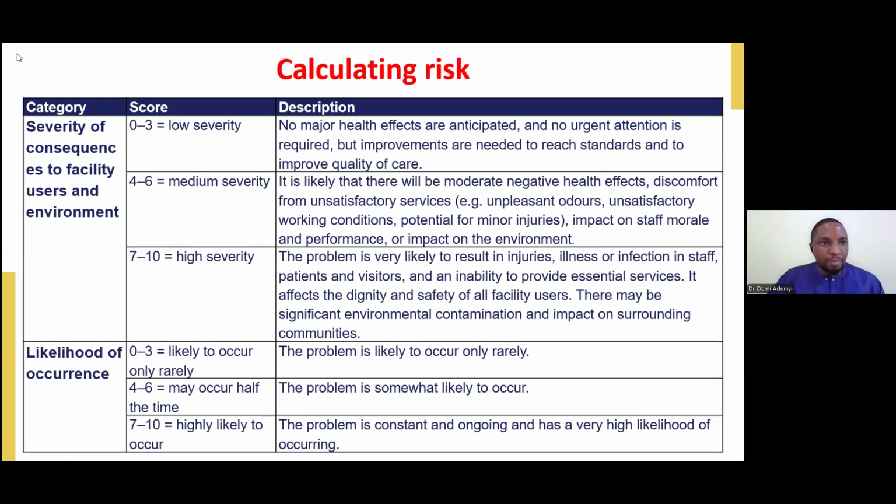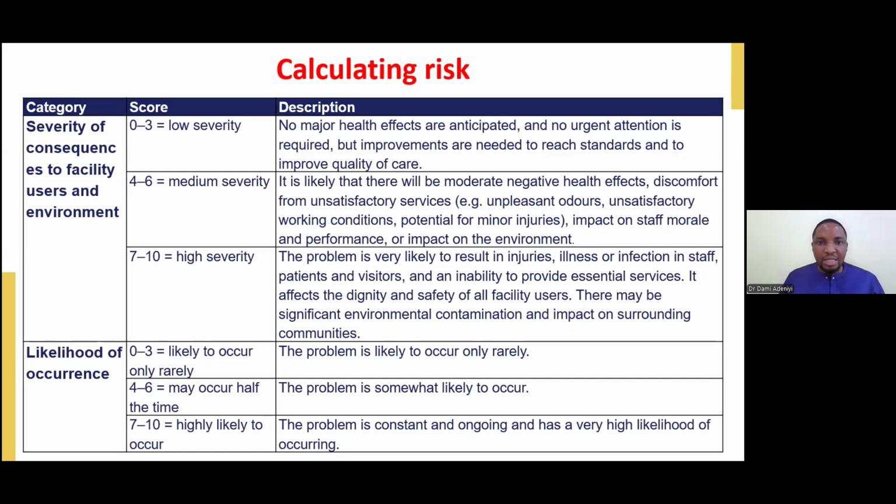So this is a table that shows how to calculate the risk. Remember I said there are 2 categories you're looking at: the severity of the consequence of that gap and the likelihood that that problem would occur. If you consider it to be low severity, meaning no major health effects are anticipated based on that gap, you can score it between 0 and 3.